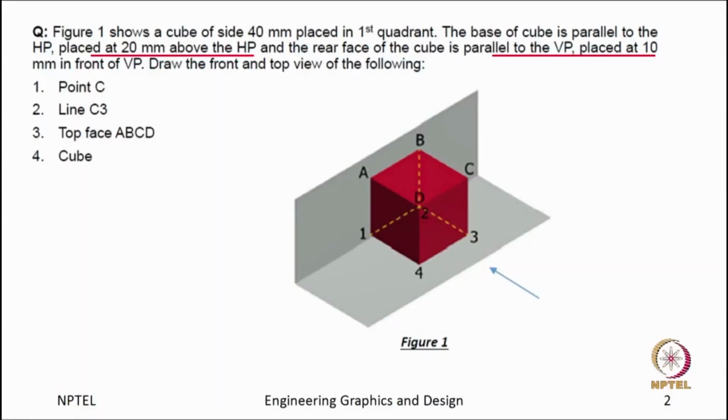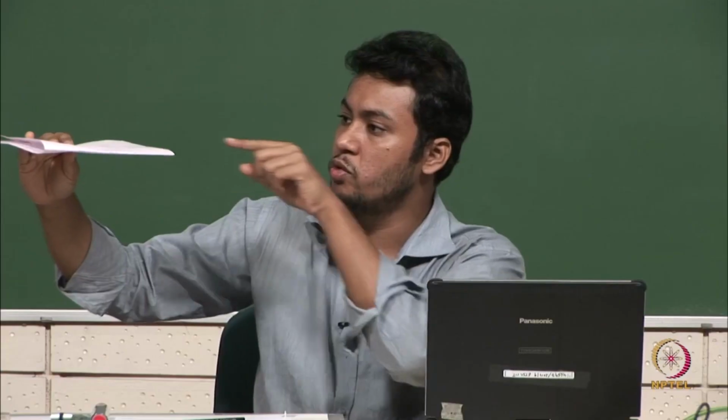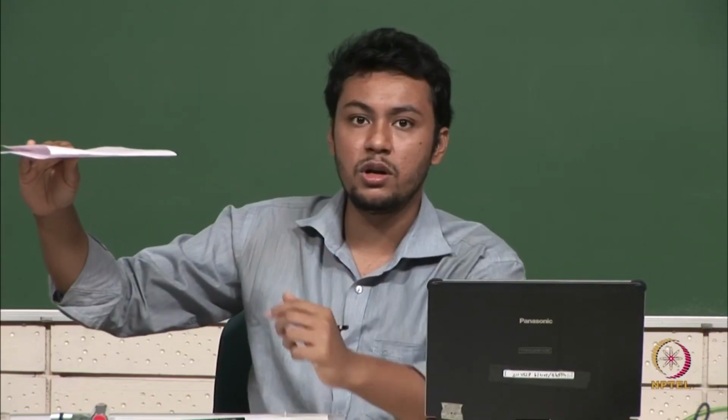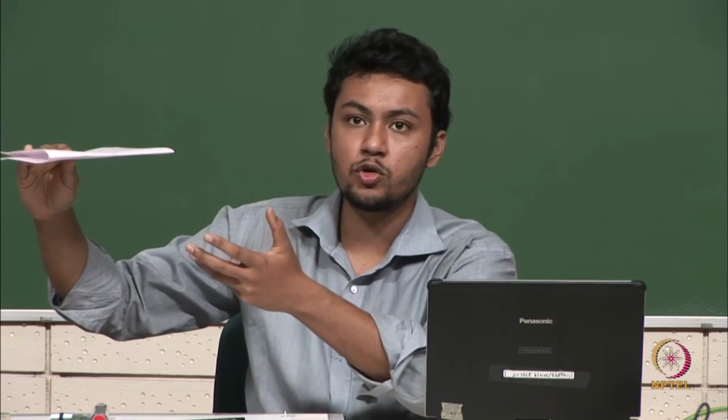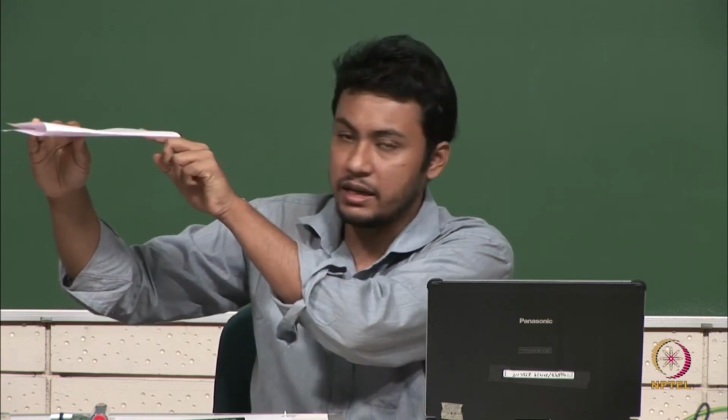Let us come to part 3. Top face ABCD, we have to draw the front and top view. This is the top face ABCD. While you look from the front, what will you see? If you look from here, you will not see a plane or a square, rather you will see just a line.